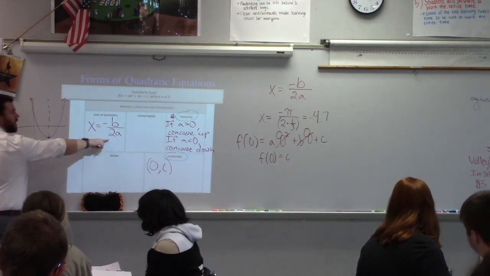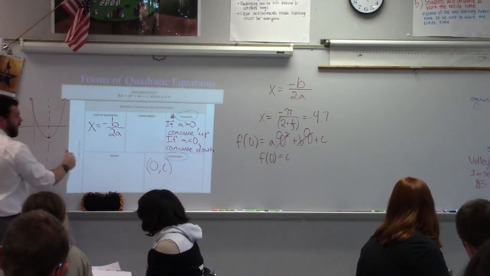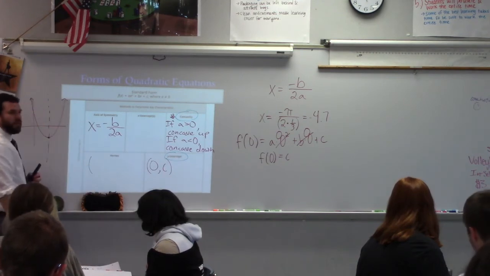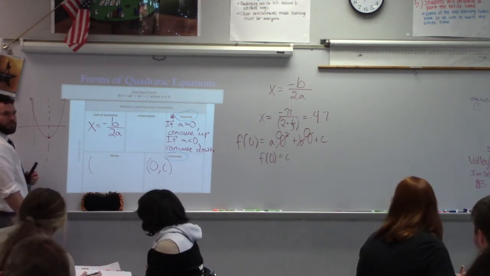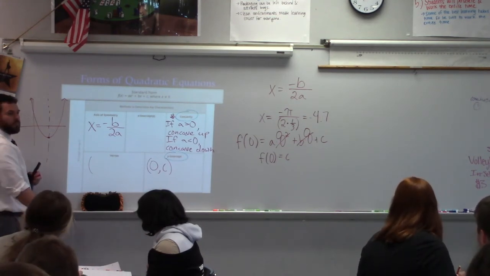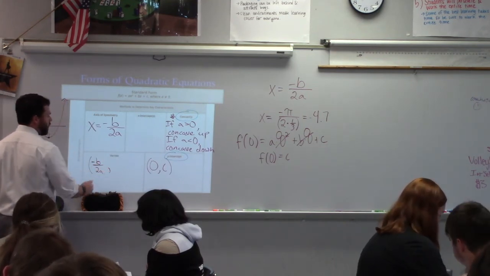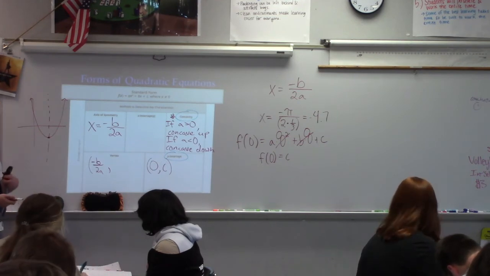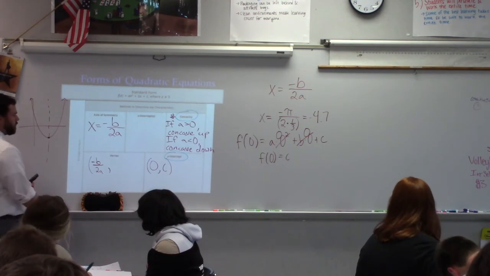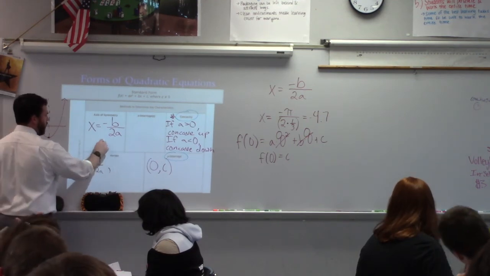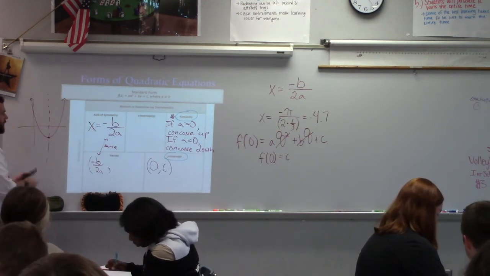Doesn't that axis of symmetry value have the same x value as the vertex? So if I'm looking at the vertex, the x value is what? Negative b divided by 2a. Right. It's that x from the axis of symmetry, right? That negative b divided by 2a, that's the x value of the vertex. And so you may want to even make the note that these are the same. Right? That axis of symmetry has to go through the vertex.